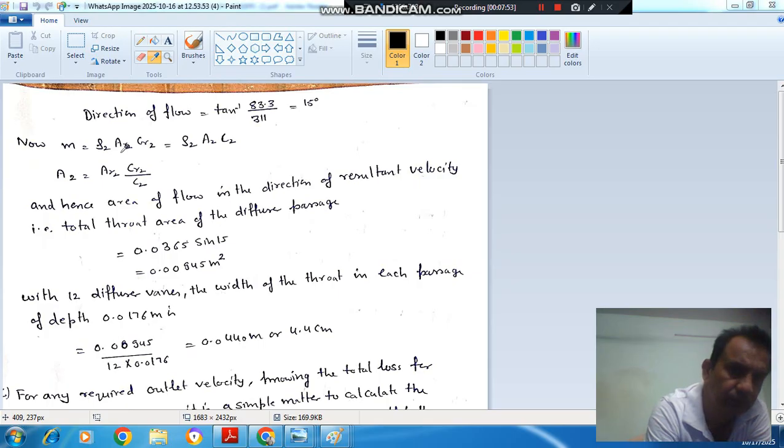The radius is 0.33 and the depth is 0.0176, and this gives the total area of 12 diffusers. The depth of each diffuser is 0.0176. Because it is rectangular in section and 12 rectangles are there, the width will be 0.0440 meter, or 4.4 cm.